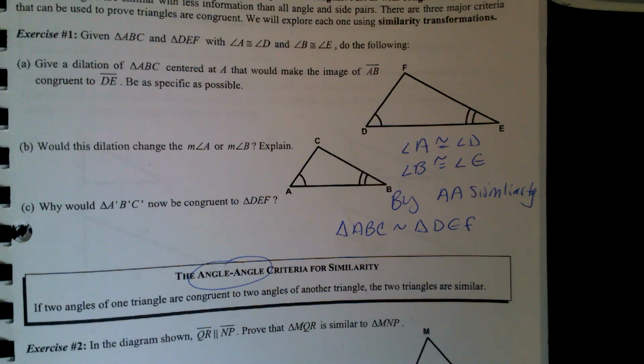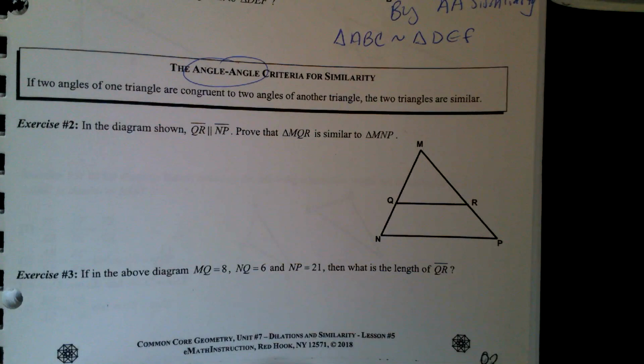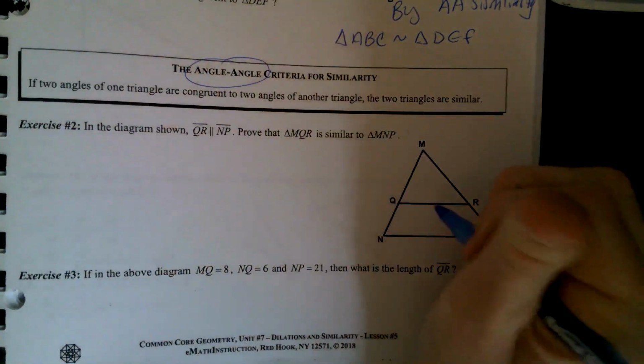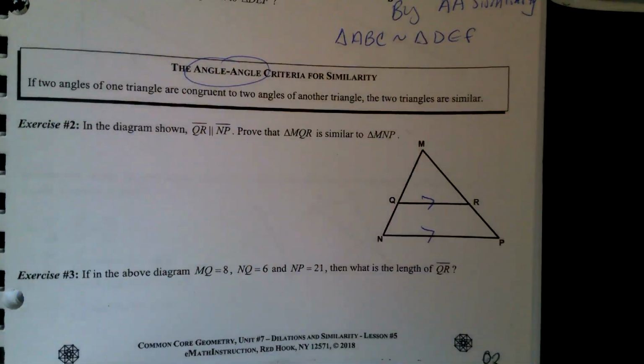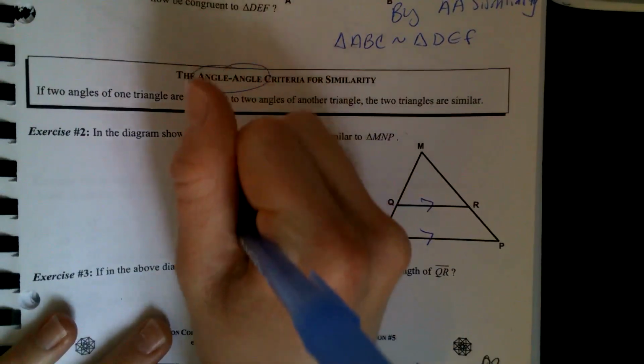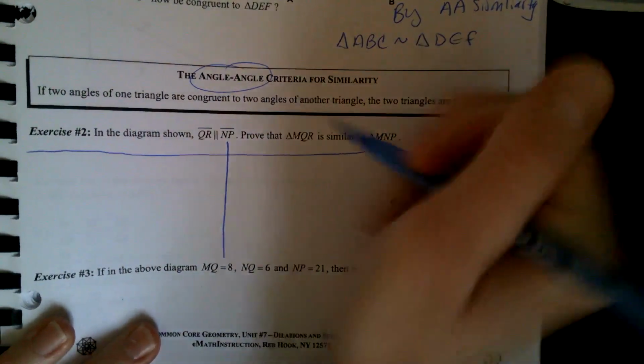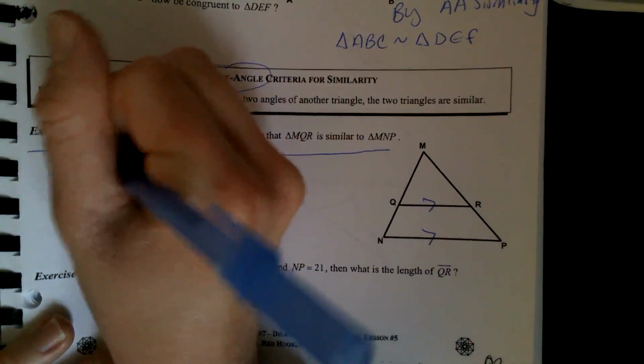Okay. All right, so let's look at exercise 2. So in the diagram below, QR is parallel to NP. We want to prove that triangle MQR is similar to triangle MNP. So this is kind of our first similarity proof. Now we set it up just like we do our congruent proofs with our statements and reasons.